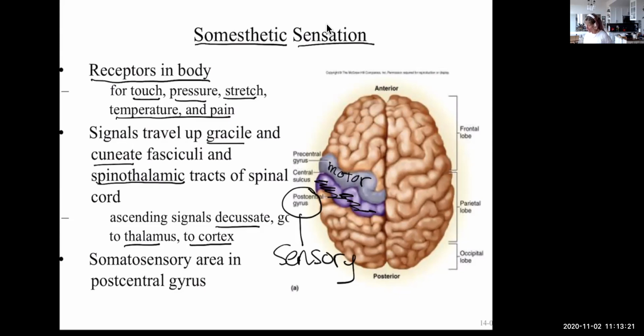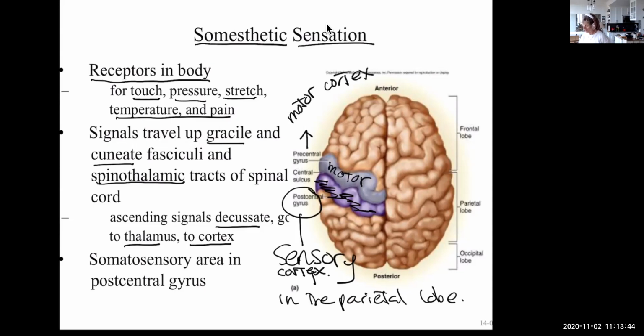The postcentral gyrus is in the parietal lobe, and the motor cortex, sorry, that's the sensory cortex. The motor cortex is in the frontal lobe.